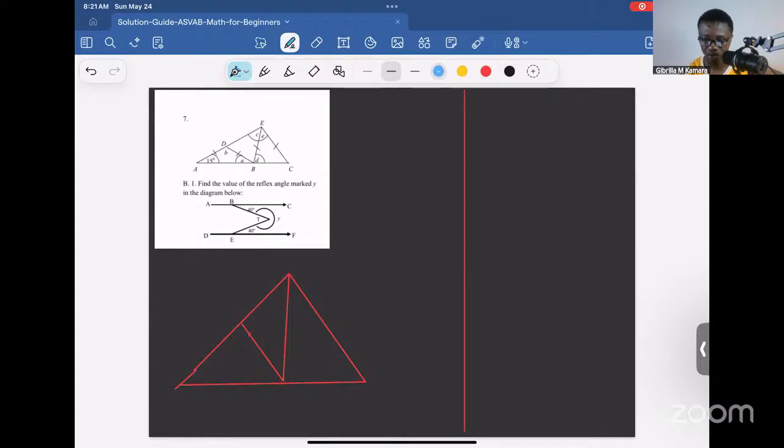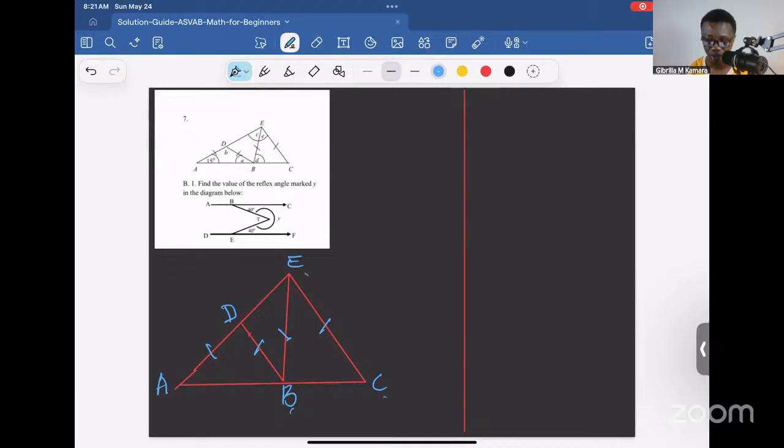There are a few things we need to know here. We are given this, this. That shows that this particular triangle. So let me label, this is A, this is B, C, here is D, and this is E. Then we have this and this, which shows that triangle BCE is an isosceles triangle.